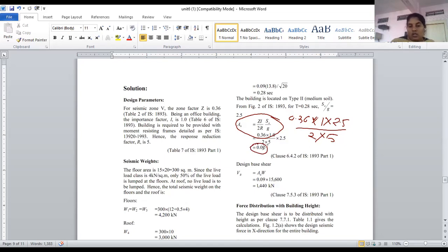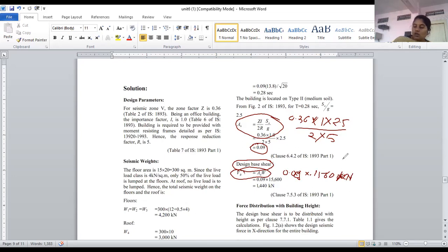So we know this Ah value, we know this Ta value, and we know the seismic weight of the building. We can calculate the design base shear. So VB is equal to Ah into W. So Ah is 0.09 into W, that is the seismic weight of the building, that is equal to the total weight of the building, 15600, in terms of kilonewton.